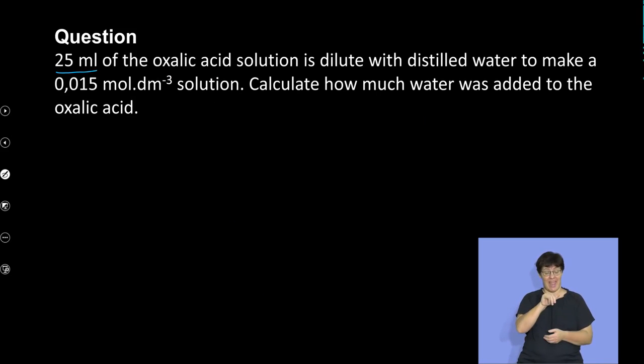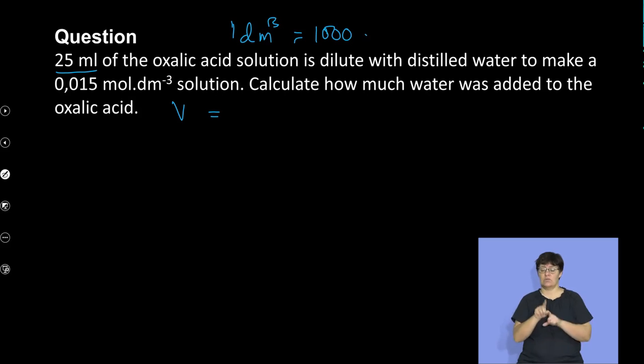So we know that the volume of acid that was used is equal to 25 cubic milliliters, 25 milliliters. I prefer to work with the SI unit, so you divide that by 1,000, because 1 cubic decimeter is equal to 1,000 cubic milliliters or cubic centimeters.